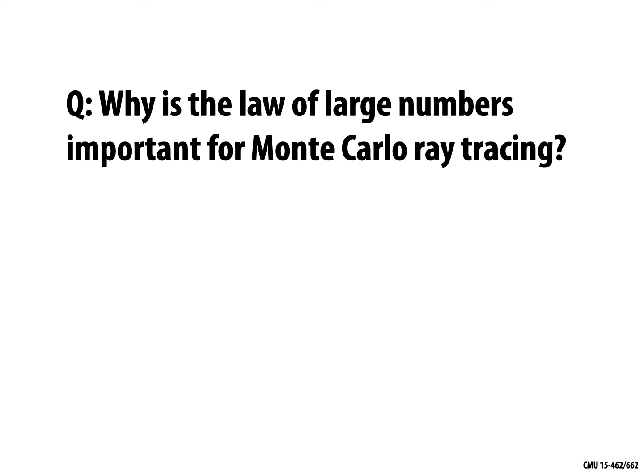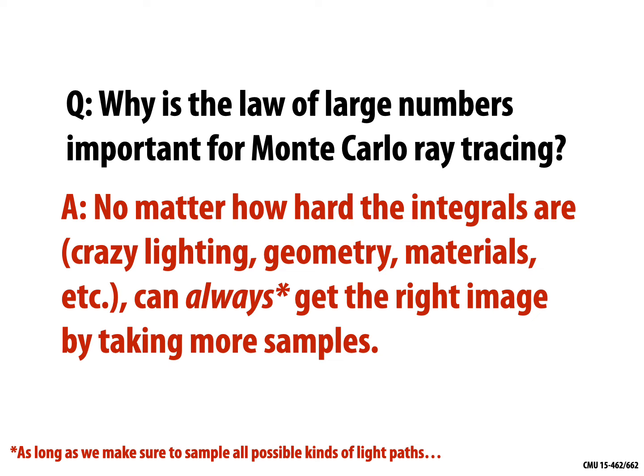So why is the law of large numbers then important for Monte Carlo ray tracing? Monte Carlo rendering? Well, because no matter how hard the integrals are, if you have crazy lighting, crazy weird geometry, strange materials, it might take you a while to get there, but you know you'll always get the right image by just taking more and more samples.